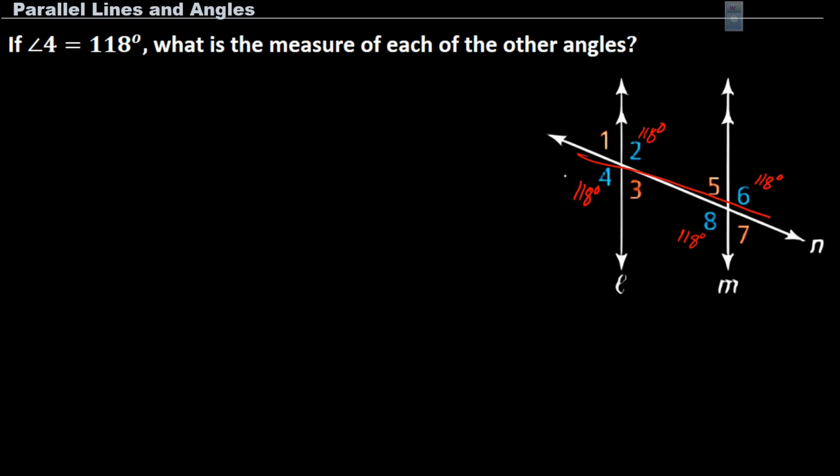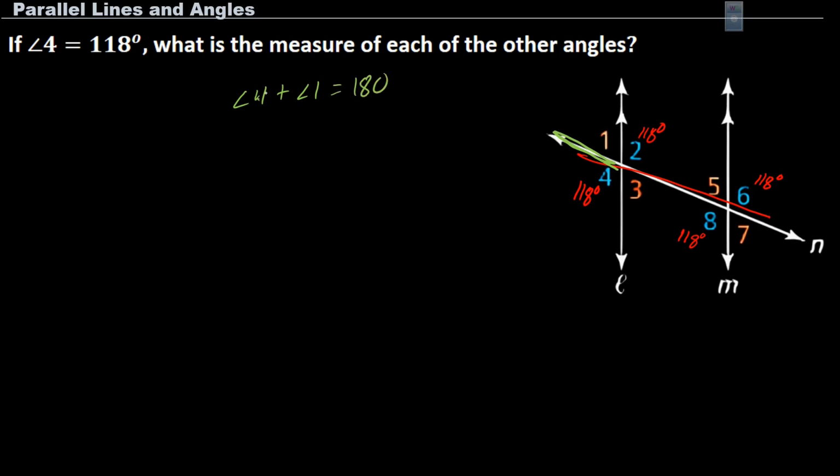Now the easiest path to travel is just to go from angle 4 to angle 1, or angle 2 to angle 1, or any of the adjacent angles that are next to each other. If we look, there's a straight line being formed and a ray coming off from it. This fits perfectly the idea of a linear pair, which means that angle 4 plus angle 1 has to equal 180.